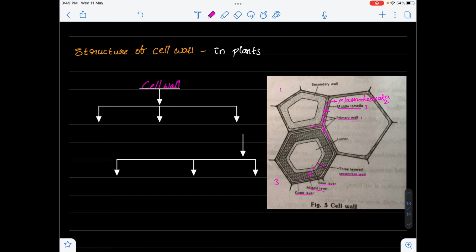Now here let me write the three layers of the cell wall in plants. The first layer is the primary wall, then the middle lamella, and the secondary wall. Just now I said the secondary wall is three-layered.